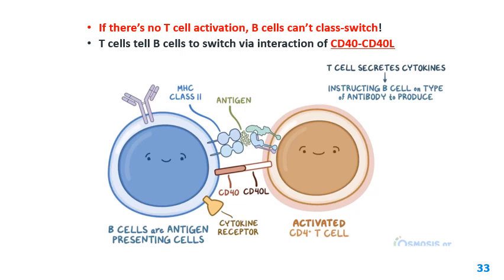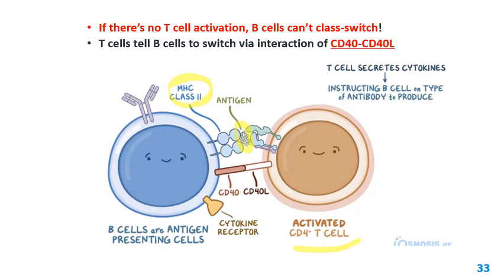So how is it that your helper T cell is telling your B cell to do the class switching? By recognizing a common antigen. So B cell receptor and T cell receptor, this is MHC class 2 on your B cell interacting with your T cell receptor. That is a signal.